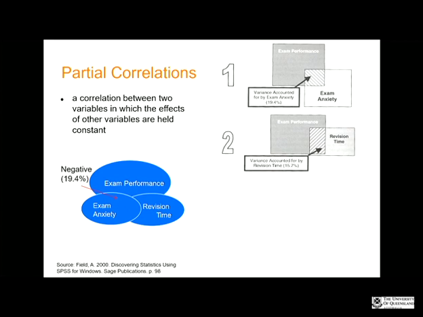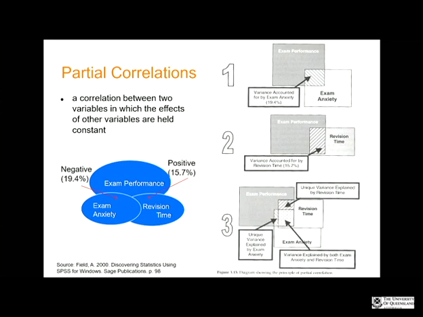You then do a correlation between those two to find out what is the unique variance of each and the relationship between those. Okay, I just want to introduce that.